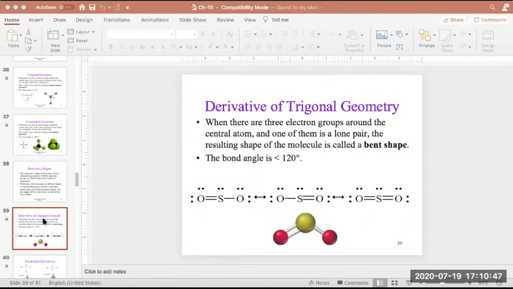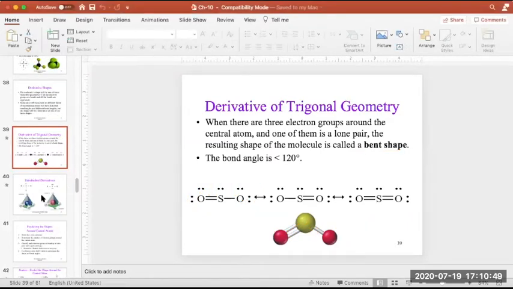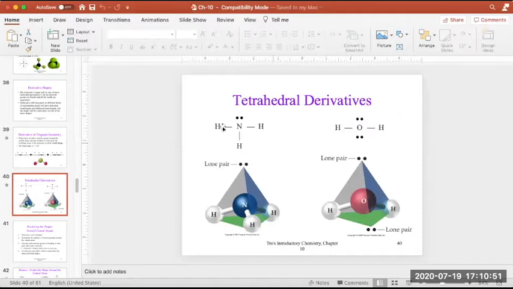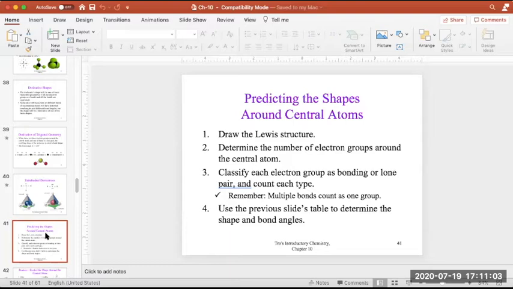We have many examples given on the PowerPoint, right? NH3, ammonia. The structure will be a bent structure because you have a lone pair on the nitrogen. Water, I already told you, is a bent structure because of the lone pair, right? So this thing you have to remember.